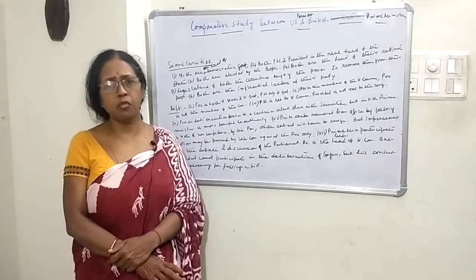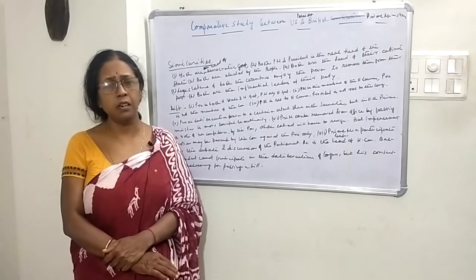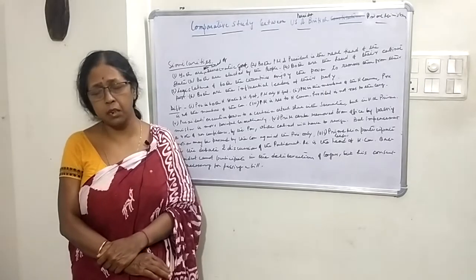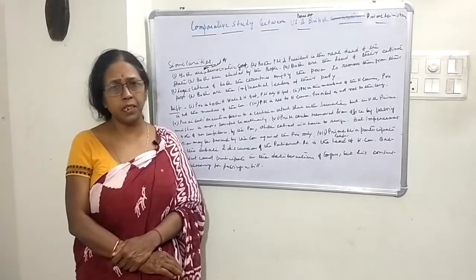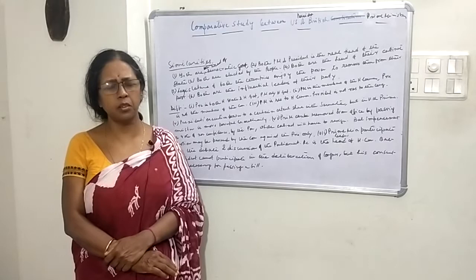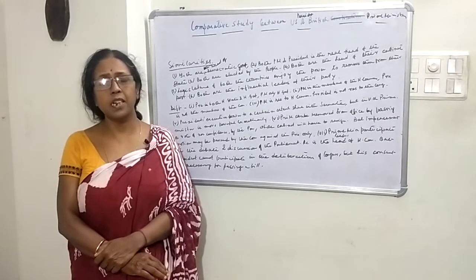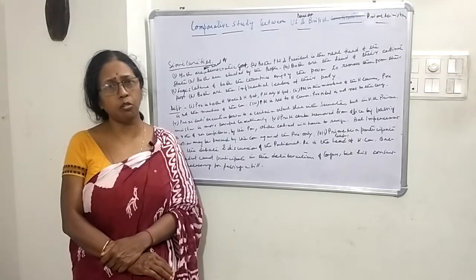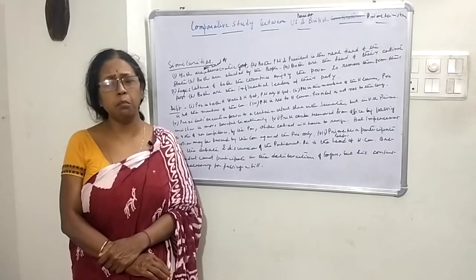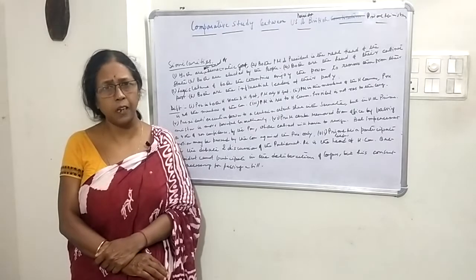If the House of Commons passes a no confidence motion against the Prime Minister, then he along with his team will have to resign from the post. And so far as the President is concerned, though he is not directly responsible to the American legislature, the Congress, the Congress can pass an impeachment motion against the President and may remove him from office earlier.